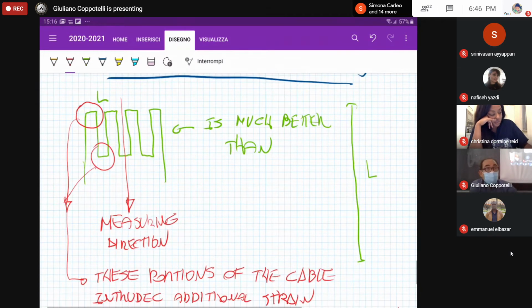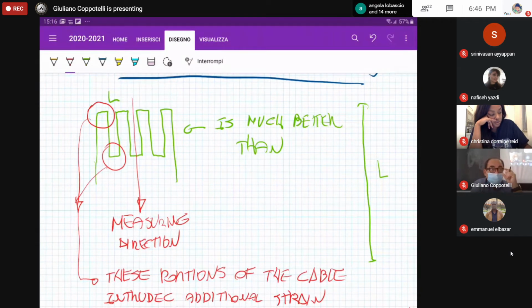But if we have some advantage of having such a configuration, we can see here that there are some orthogonal directions. We have the cable directed in an orthogonal direction compared to the measuring direction.